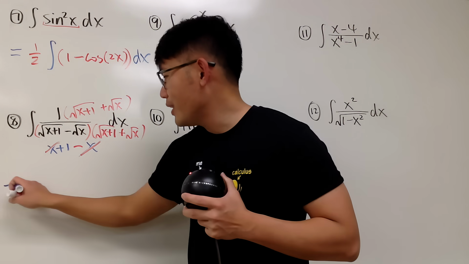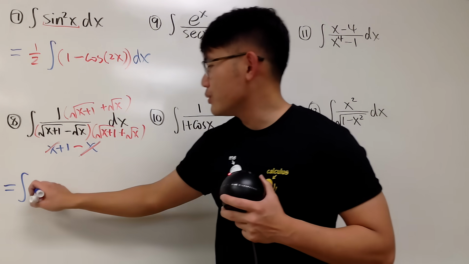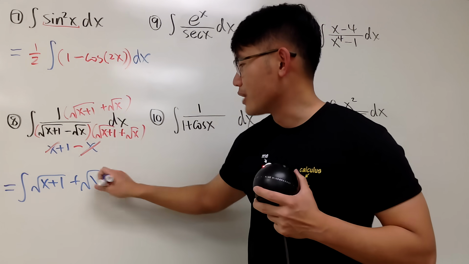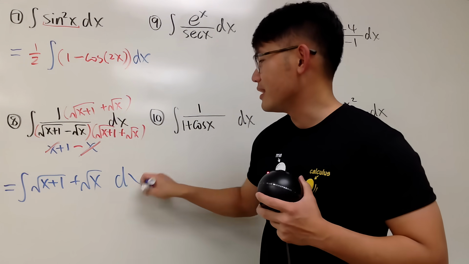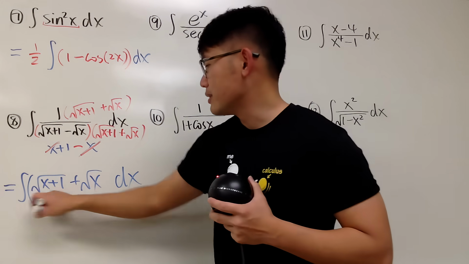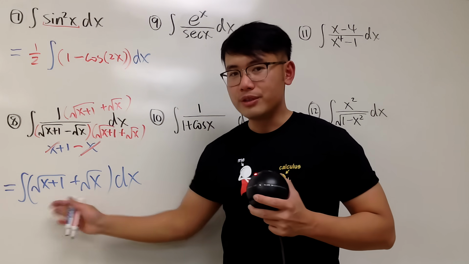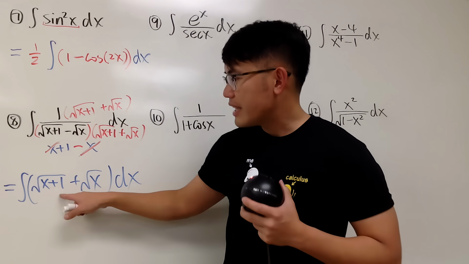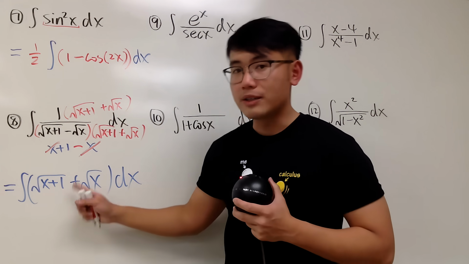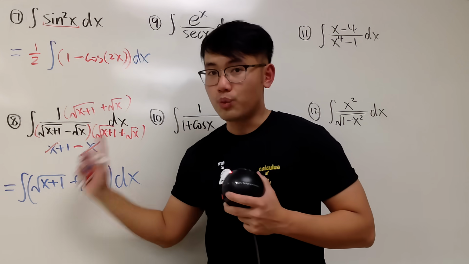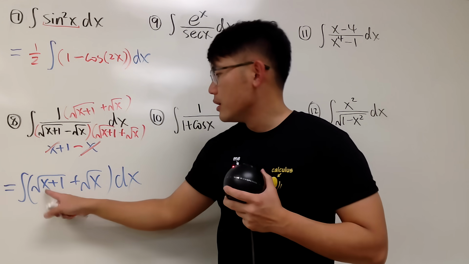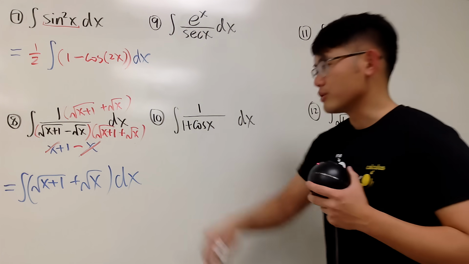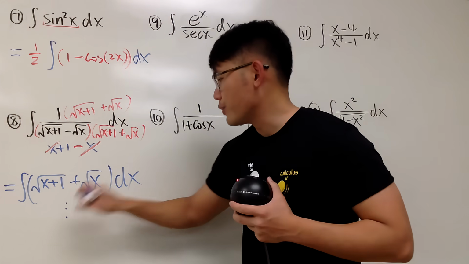In other words, we are just integrating square root of x plus 1, plus square root of x, like this. And then put down the dx right here. And you can put parentheses right here. Be sure you just integrate this, and maybe you can do a little bit of u substitution. But the inside here is just x to the first power plus 1. The derivative of this is just 1. So if you let u equal x plus 1, you just get du to be dx. So you can just go from here, right? So I put down this right here for you guys.